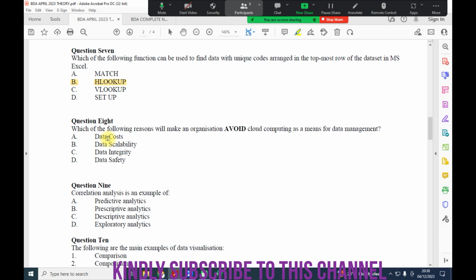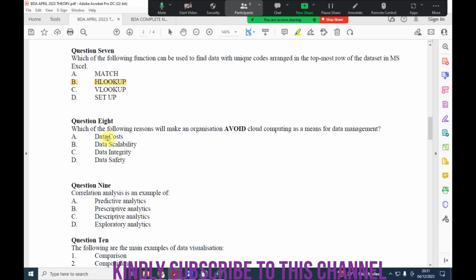But as the data grows, it can become expensive in the long run. That means data cost is something you can manage. Data scalability: the cloud has very big storage space, unlike physical storage, so we can expand and accommodate a lot of data. That one is not a problem.